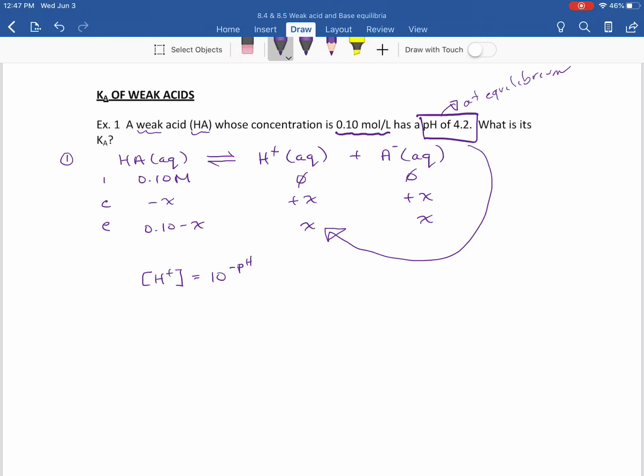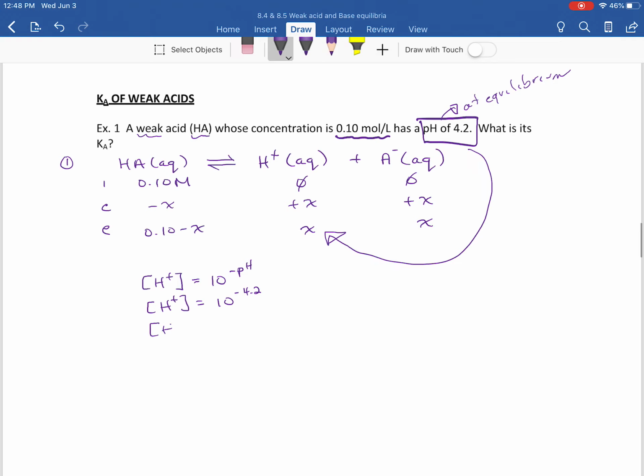So when I plug this in, you are just going to do 10 to the power negative 4.2. On my calculator, I have a little EE button. If you don't know how to figure this out on your calculator, send me a picture of your calculator and I will help you.